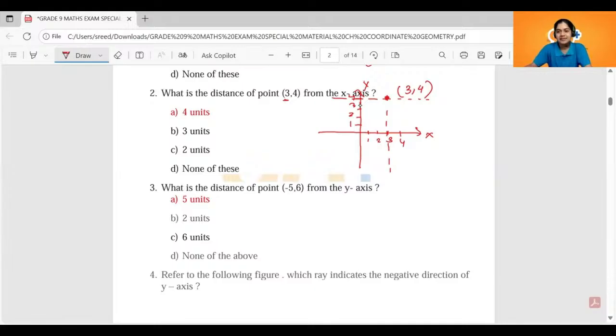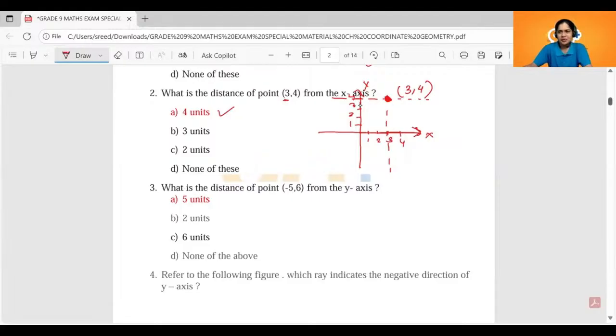The distance is 1, 2, 3, 4. It's 4. That means you are getting the y coordinate as the distance from the x-axis. So the answer is option A, 4 units.